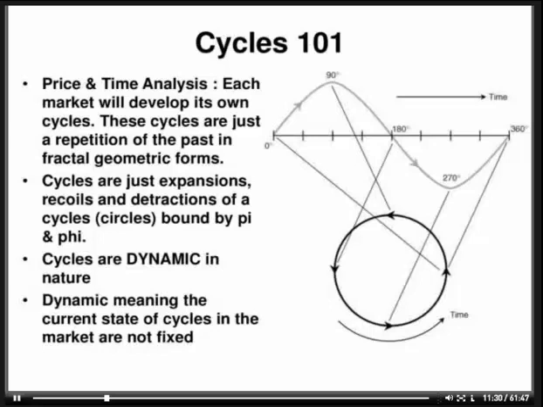And additionally, like I said, cycles are dynamic in nature. They do change, and they are forever changing. So we're going to take a look at that as well. And what that really means is they're not really static. So a lot of cycle topics I've seen as per trading in the markets is there is this fixed number of year cycle or fixed number of day cycle or fixed number of movement cycle.